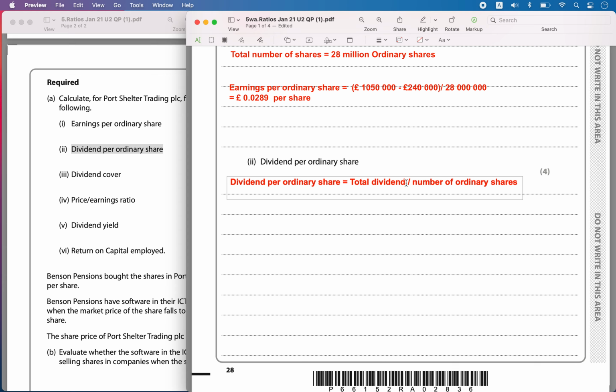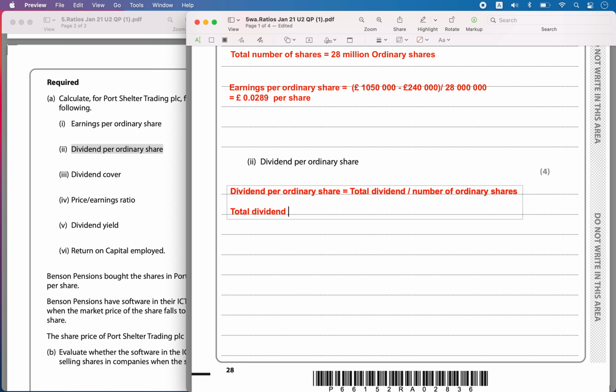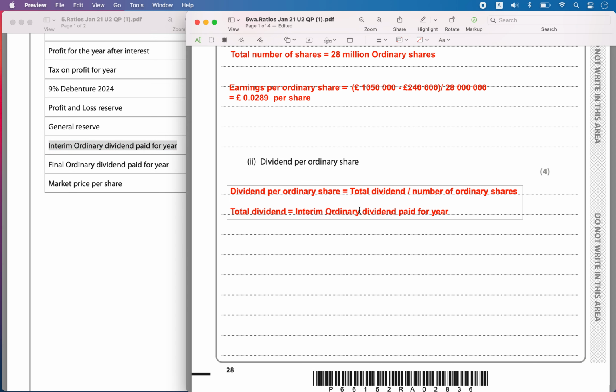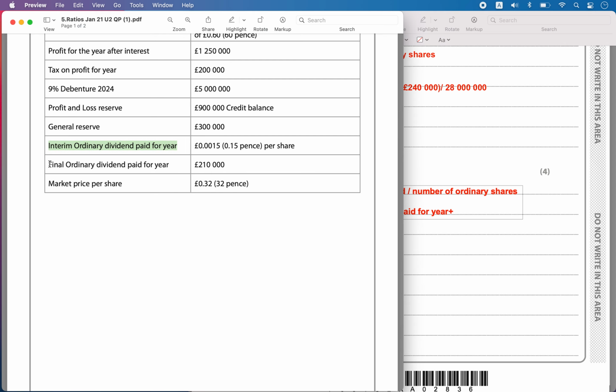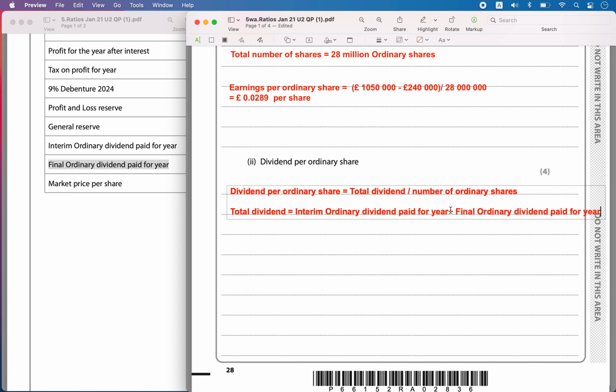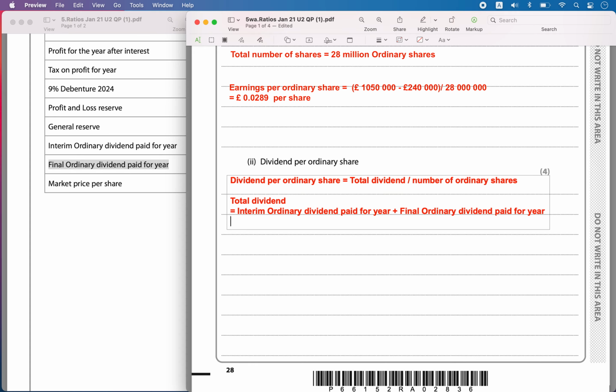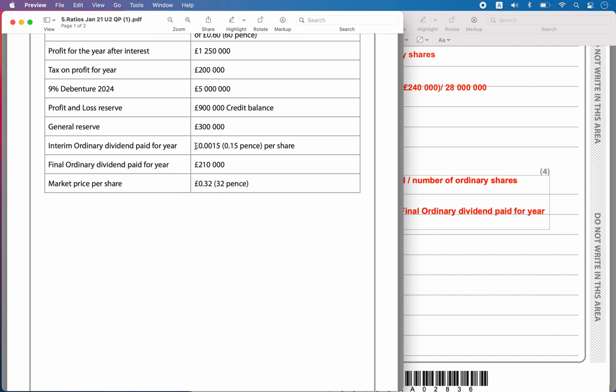What is the total dividend? The total dividend is equal to the interim dividend plus the final ordinary dividend.